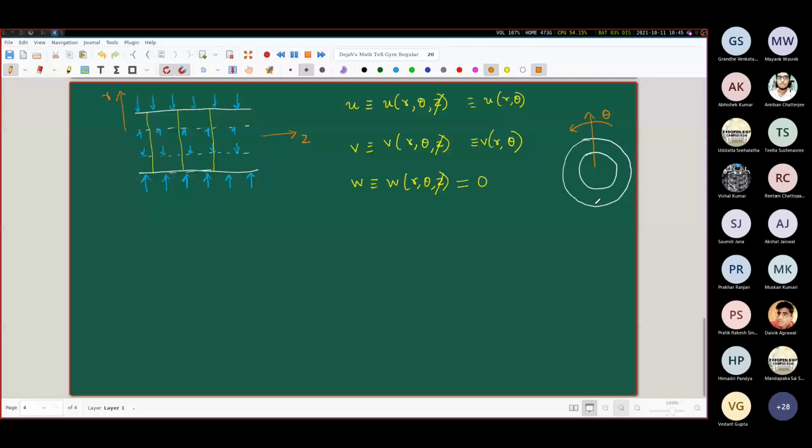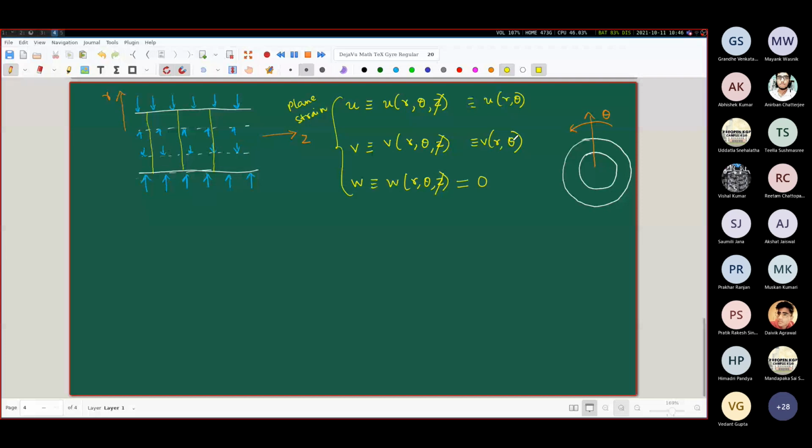So whatever displacement is occurring within this plane, you can have deformations taking place along the radial direction, or you can have deformations taking place along the theta direction. So these are the implications that you have only from the understanding that you have plane strain. Please understand this and remember this. From plane strain, you have only this, that u is a function of r and theta, v is a function of r and theta, and w is equal to 0.